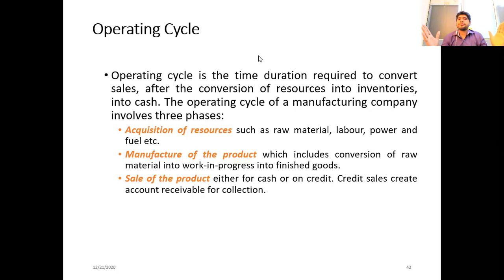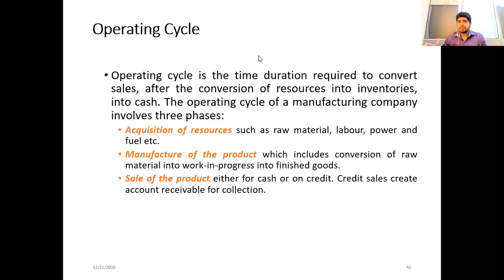In this time frame, we can find so many processes and events: purchase of inventory, keeping the inventory, inventory meaning raw material, and we convert raw material into finished goods during the work in progress period, and we keep the finished stock, and we make sales, and we have to wait for a period of time until we receive the money.